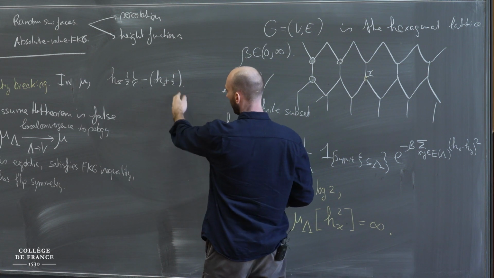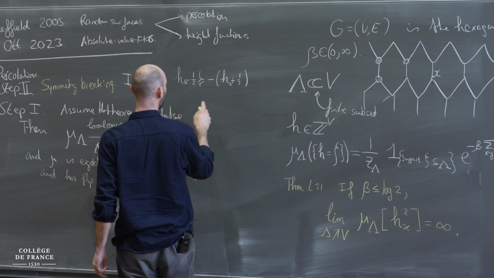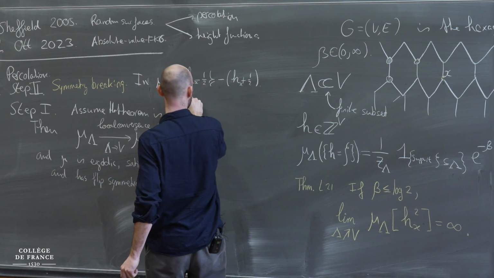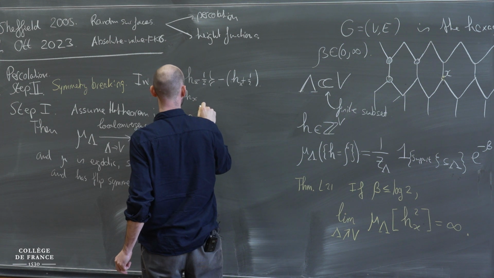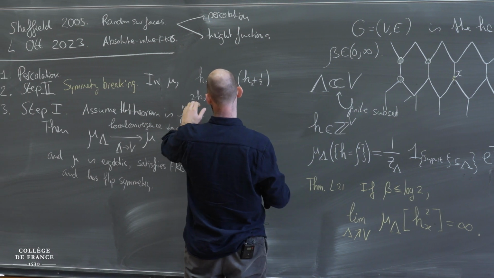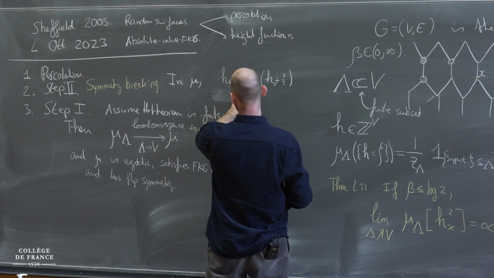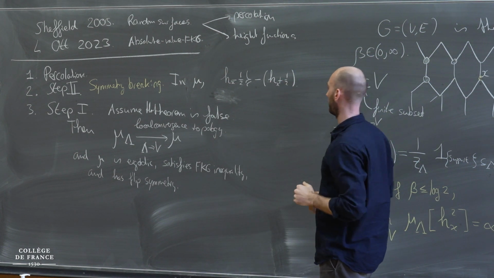Now, if you rearrange this a little bit, we're just going to simplify. It's 2h_x. Oh, it may also be horribly wrong. I don't know. No, wait. Actually you have the flip symmetry, so you know that everything is flip symmetric.